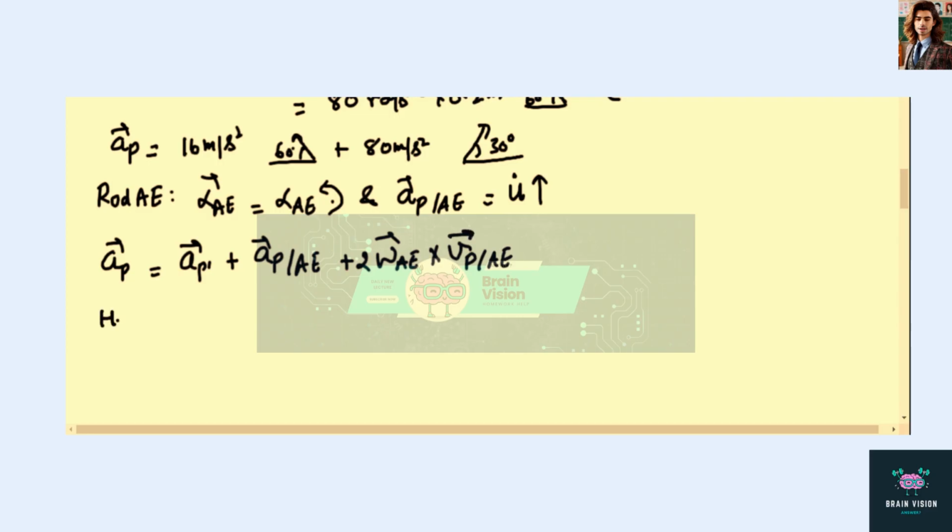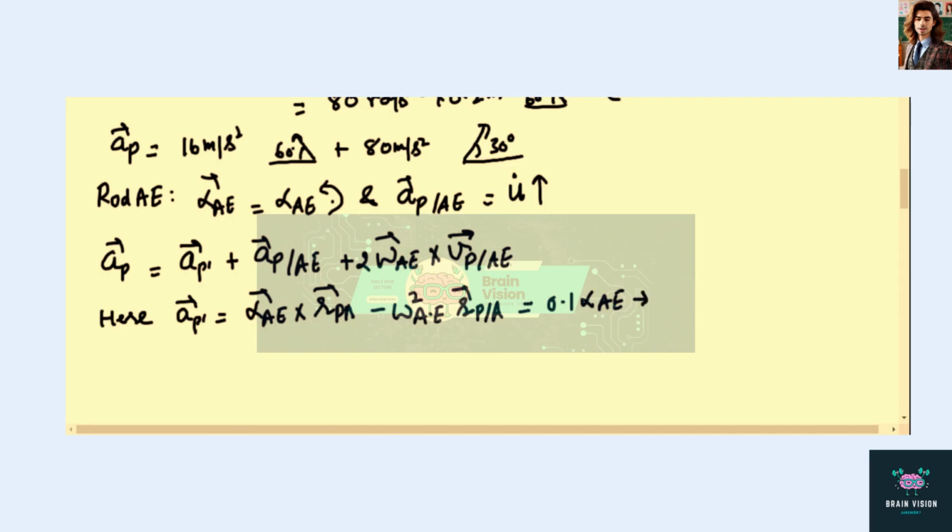Here AP dash has the value alpha AE cross vector PA minus omega square AE into position vector of P with respect to A. Substituting the value, we will write 0.1 into alpha AE in the direction of right plus 20 square into 0.1 in vertically upward direction.